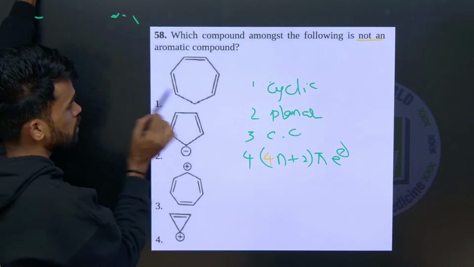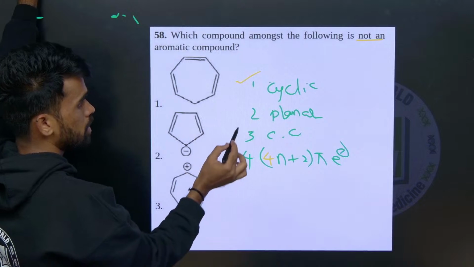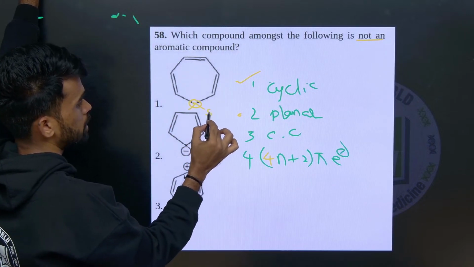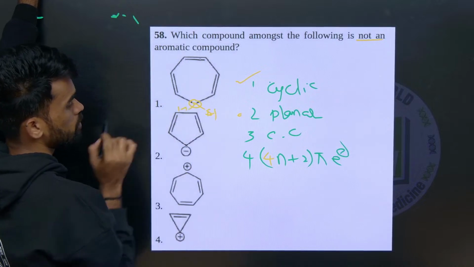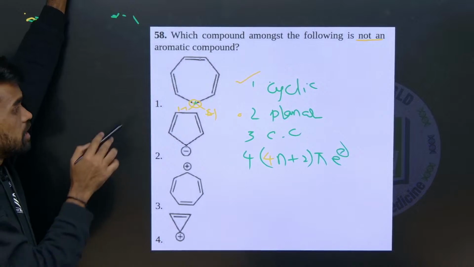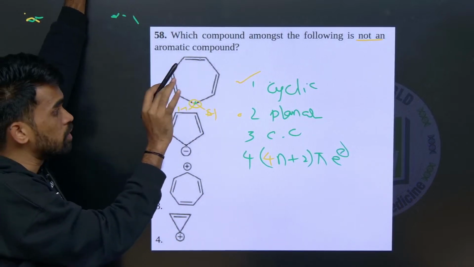Okay, first one, look in the first question itself, it has a cyclic structure, so the first rule is obeyed, but on this carbon we have sp3 hybridization, right? Whenever we have sp3 hybridization, that carbon is non-planar, therefore the overall molecule will be non-planar.